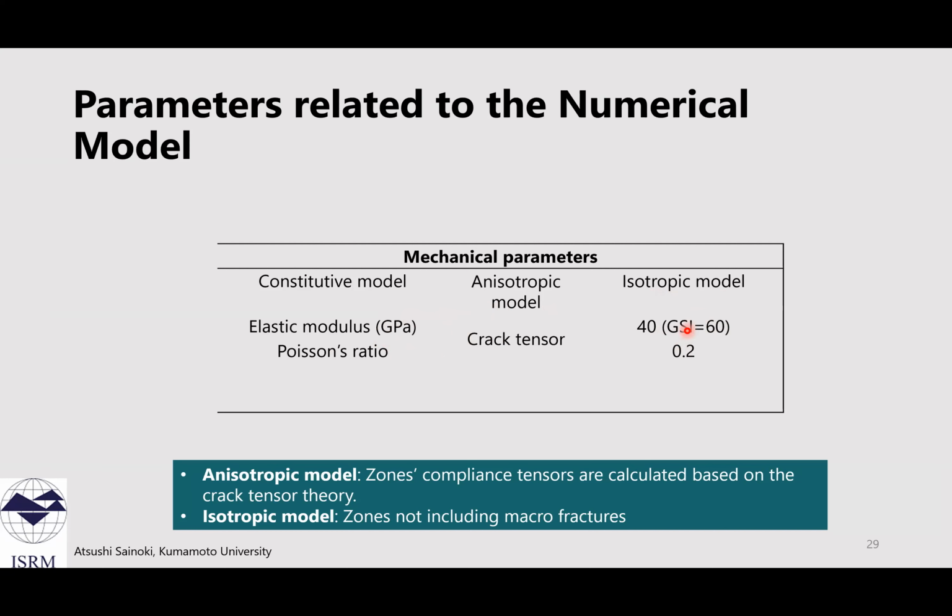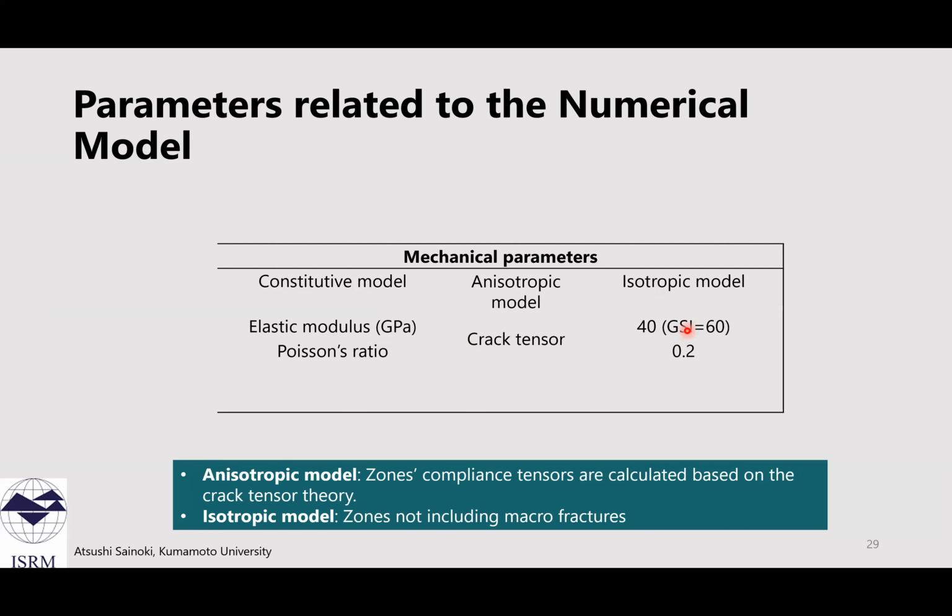Also, it is to be noted that in the following slides, sigma r denotes the stress applied to the external boundary. So sigma r means regional stress. The minimum one is 10 megapascal, which corresponds to the vertical stress, while the maximum one is 15 megapascal, which corresponds to the horizontal stresses.